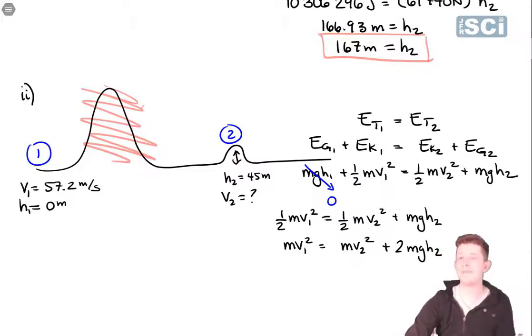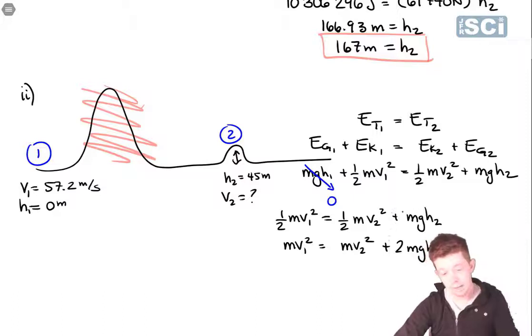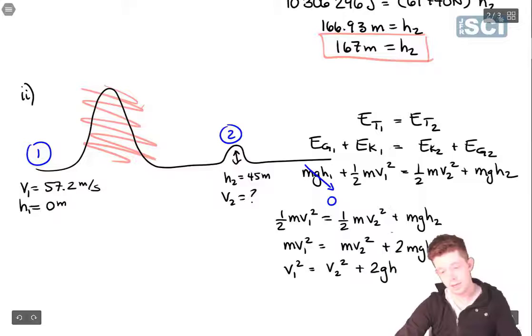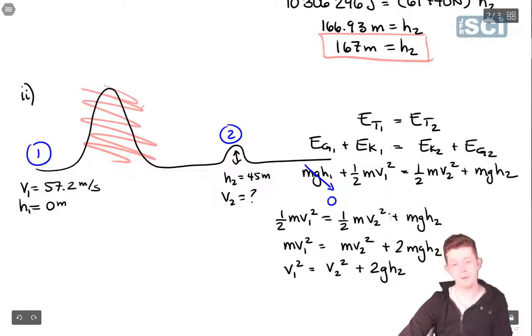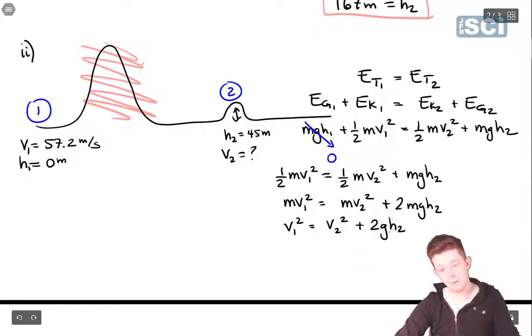And I notice that every term has an m, so let's divide everything by m, which tells me I get v1 squared is equal to v2 squared plus 2gh2. And I want to find v2 squared. So that tells me I can go v1 squared minus 2gh2 is equal to v2 squared.